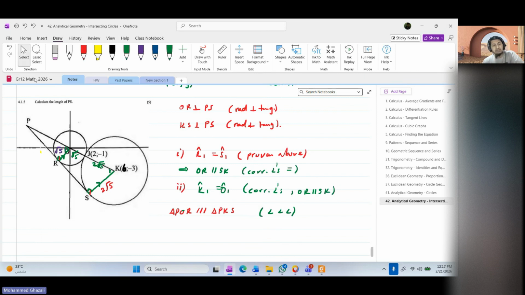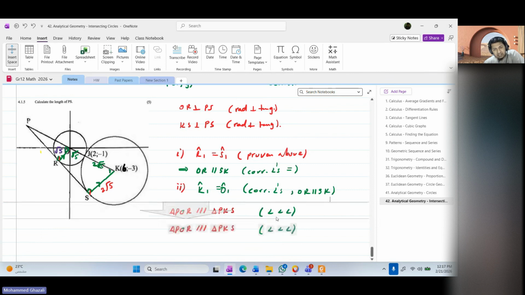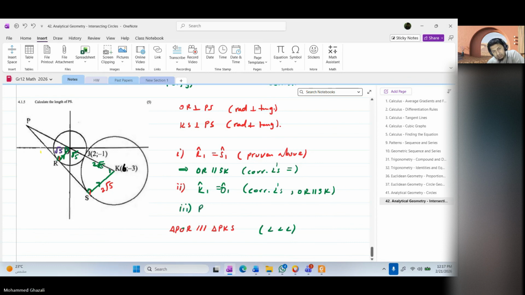The last one is we can say that angle P is common. So those are your three similarity proofs. That's why we got angle, angle, angle.